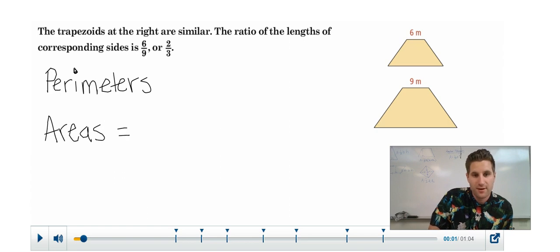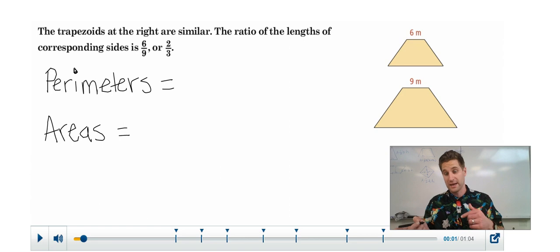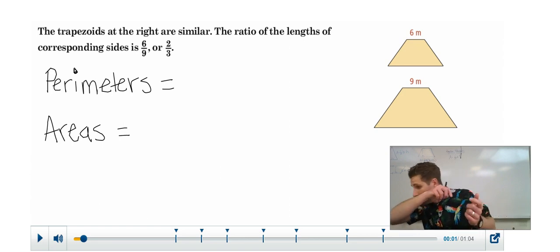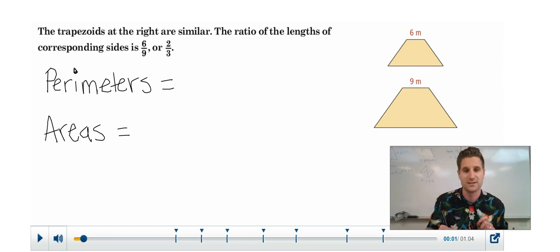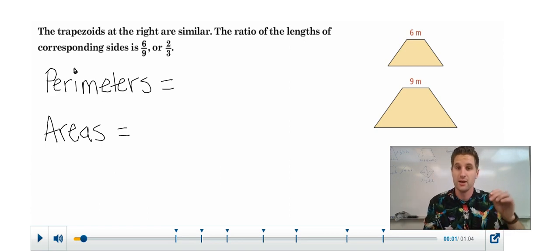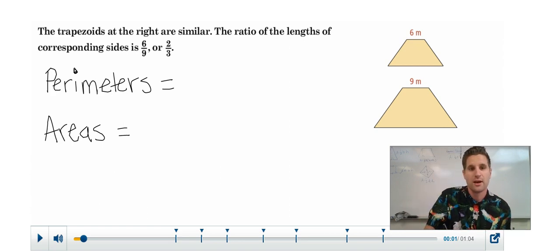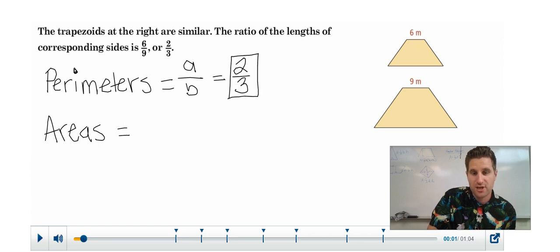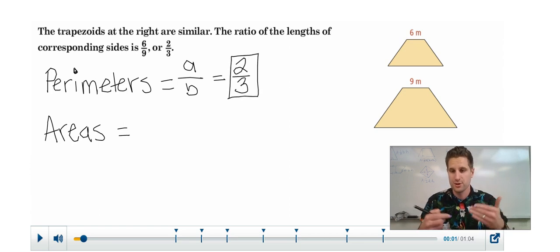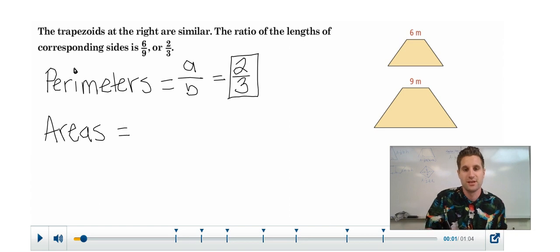Okay. So if we look back at our little fact, we see that our ratio 2 to 3 for perimeter stays the same, so A to B. So we just still get 2 to 3. That did not change. But for areas, since we're going to find two dimensions, we need to square it.